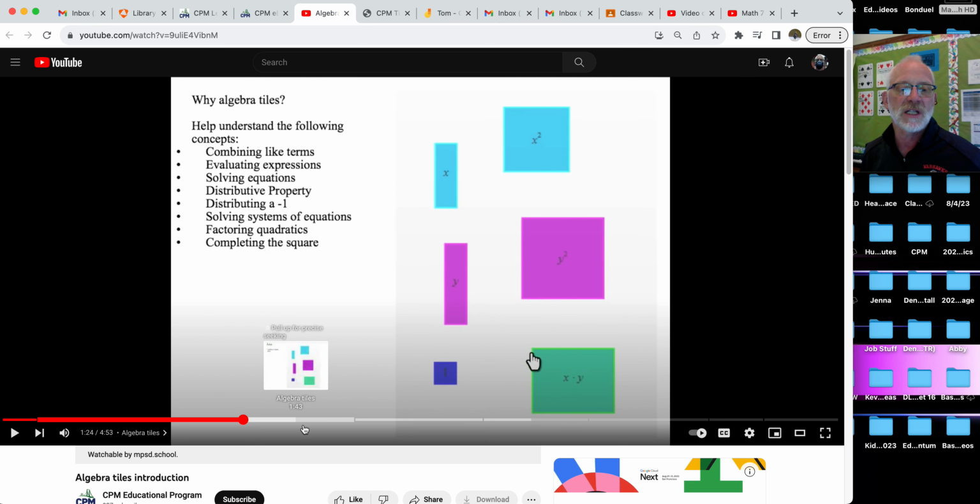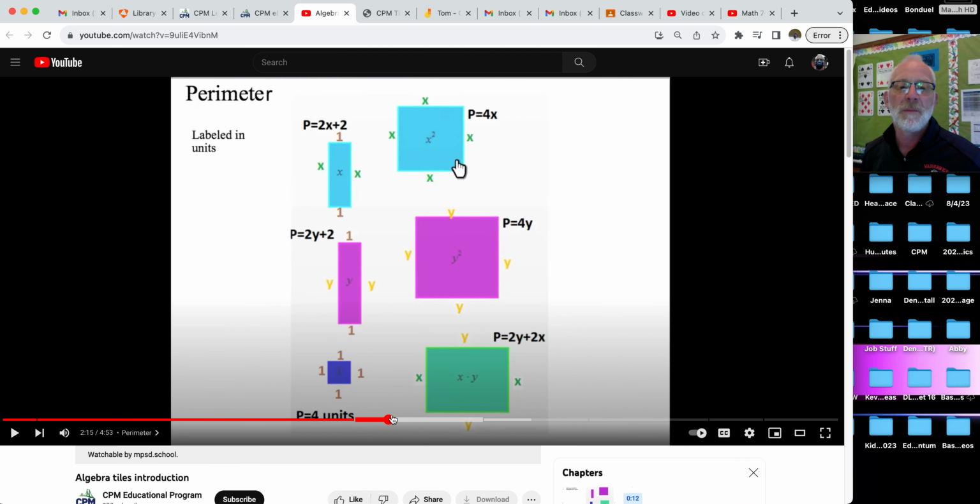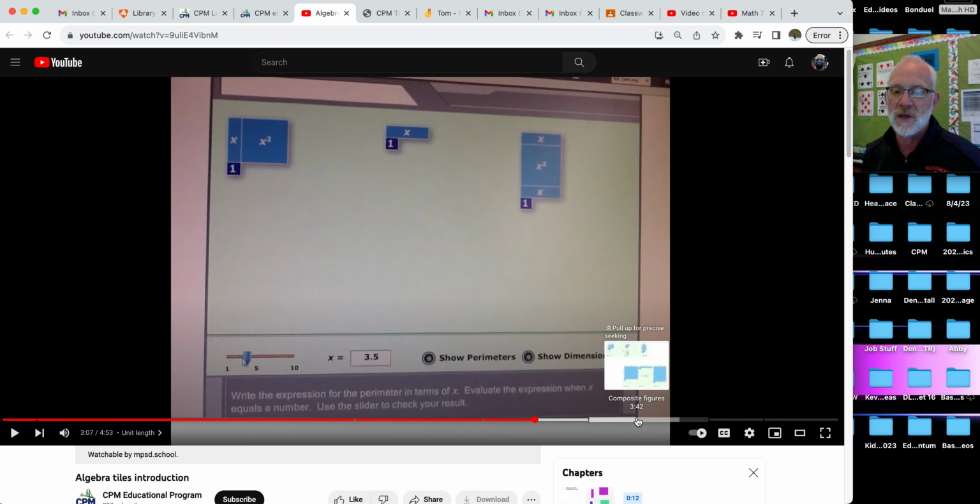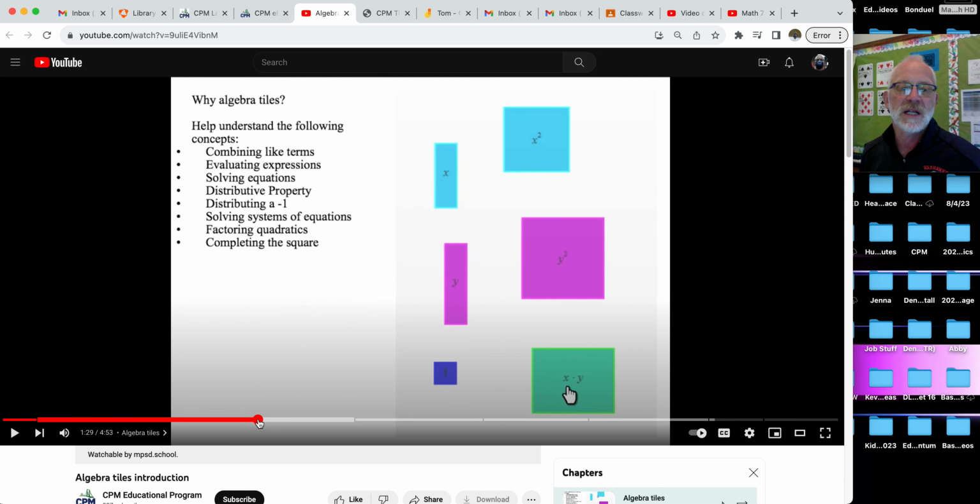It explains some basics of algebra tiles and how we use them. One thing that's interesting is that the measure on the side doesn't equal a number. They try to make the algebra tiles not fit the units, so we don't want to think of this as the number 1. We want to think of that as 1 unit. The video will explain this, and we'll work through this in class.